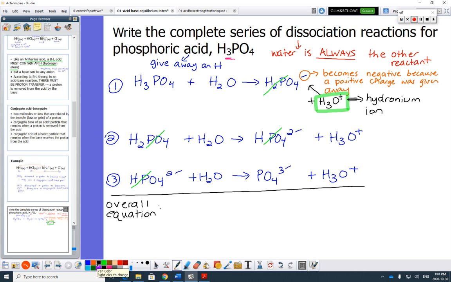If you have phosphoric acid, which has 3 hydrogens, how many waters do you need? 3. So it's going to donate 3 of its protons to make phosphate. This is the phosphate ion, which would be on the back of your periodic table. So you could even check it that way to see what you should end up with. And then how many hydroniums do you make? 1, 2, 3.